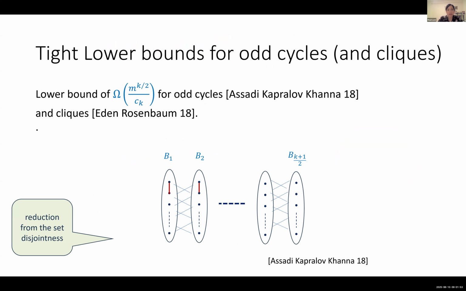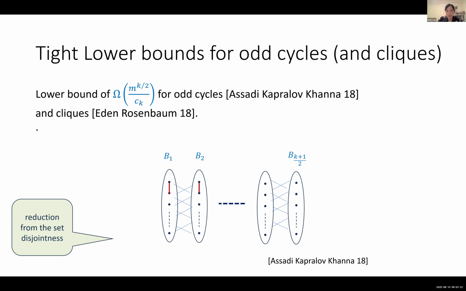And actually this upper bound is tight for odd cycles and cliques, as there is a lower bound of omega of m to the power of k over 2 over the number of copies many queries for odd cycles and cliques, one that appears in Assadi et al. and one that appears in Eden and Rosenbaum.